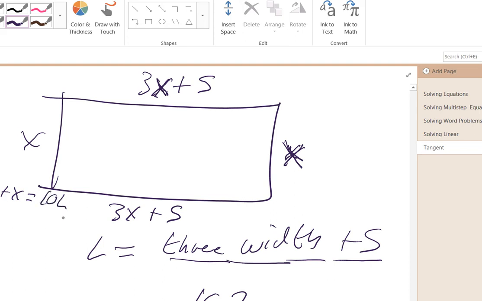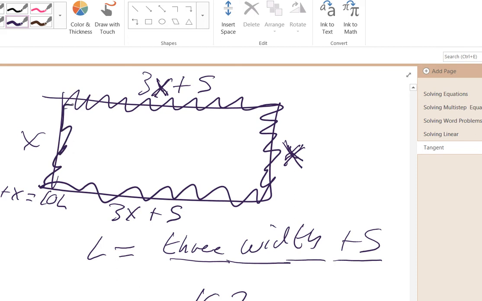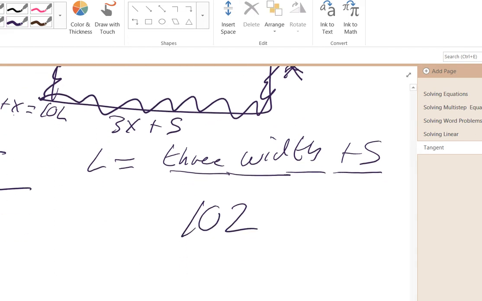Basically you're just walking around the rectangle like this: 3x plus 5 plus 3x plus 5 plus x plus x equals 102, and from there you just solve it out. If I make it up, it very well could have a decimal answer, so don't get too distracted by that, as this one does.